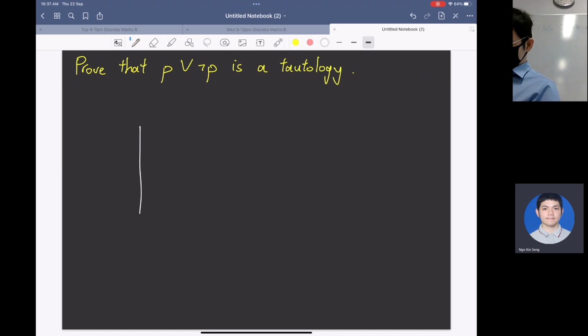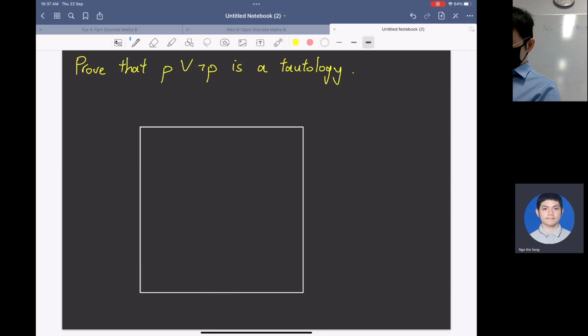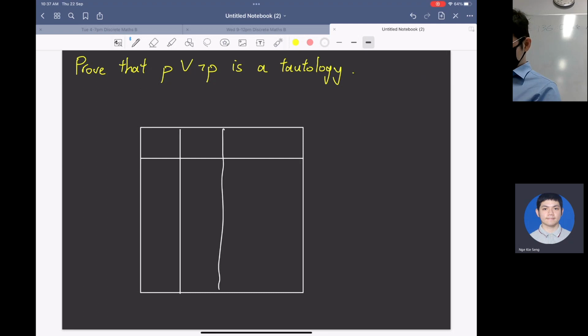So I'll draw the truth table first. First column is P. The second column is not P. Then P or not P.